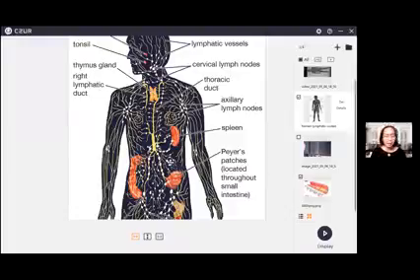As I've said, bacteria, viruses, parasites, fungi. Another important thing about this lymphatic system is that it removes the waste products from the lymph, and aside from the waste products, it also removes the abnormal cells.